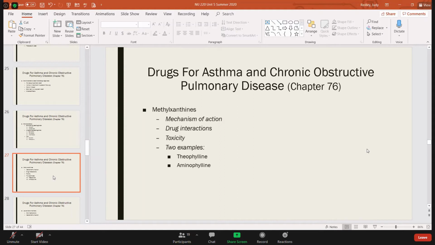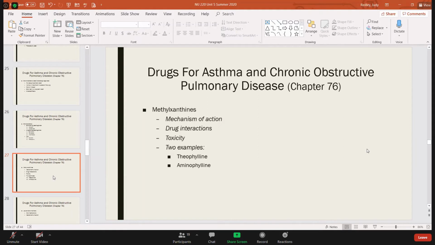They don't interact well. Drugs that reduce the level of theophylline or aminophylline in the blood are going to be your phenobarbital and your phenytoin. Drugs that increase the medication level are going to be your fluoroquinolones and your Tagamet.